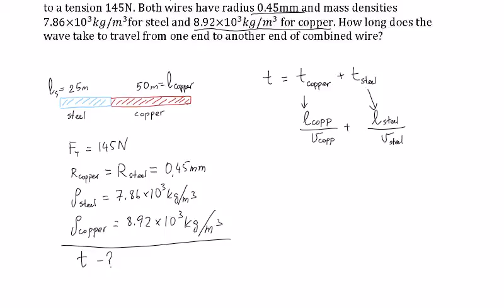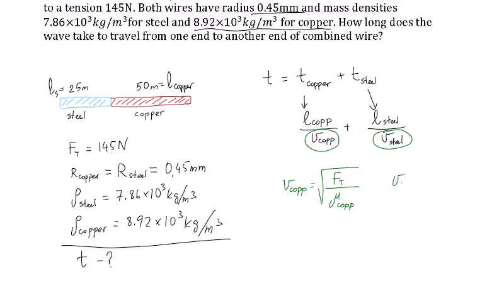Now the next thing we need to find is the speed of the wave in the copper and the wave speed in the steel. To find that, V of the copper would be the square root of the force of tension divided by the mu of the copper.